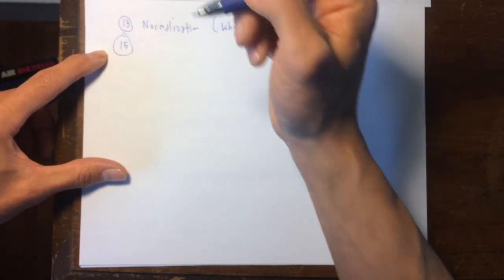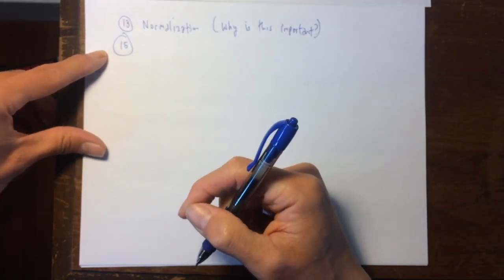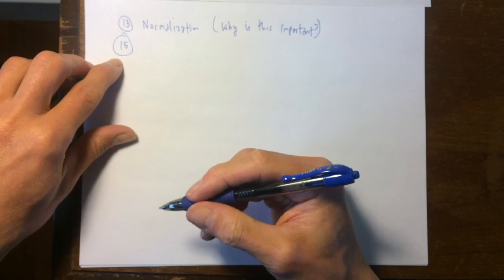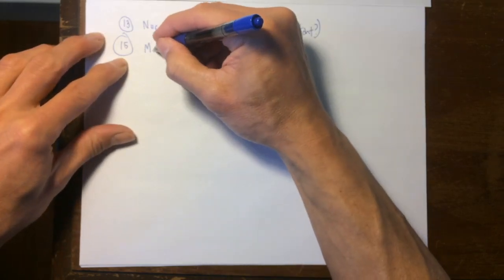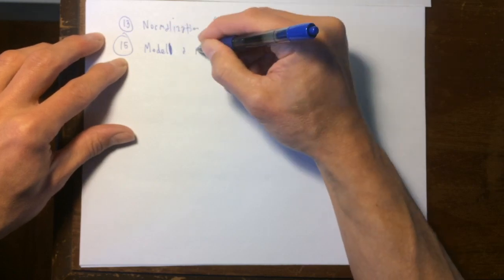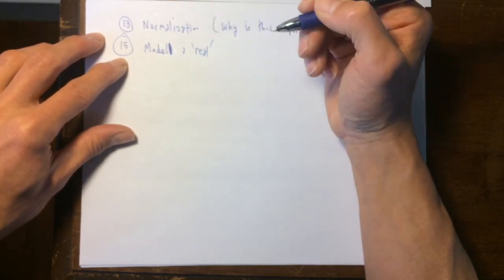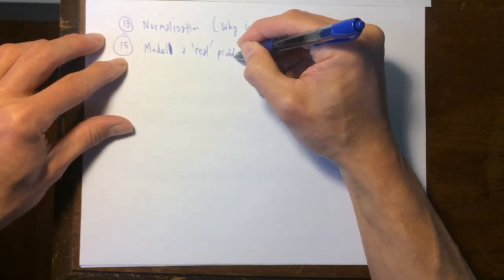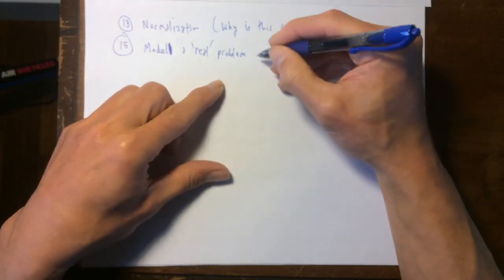Number 15 is a problem. When you go and read it, it's trying to get you to model a real problem, but real in quotes. So there is some data.